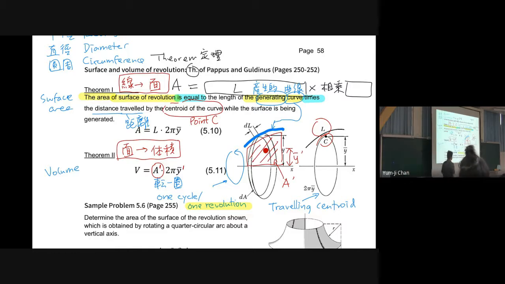Because if it turns 1 revolution, this centroid travels by 2 pi times y bar prime, so the volume would be equal to the area A prime times 2 pi y bar prime here. So this is the same, using the same idea.